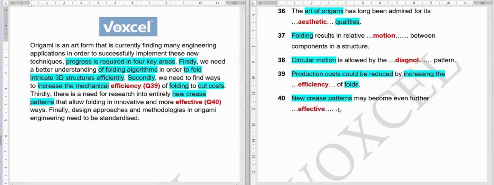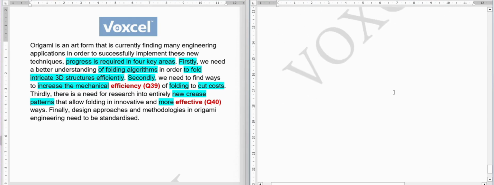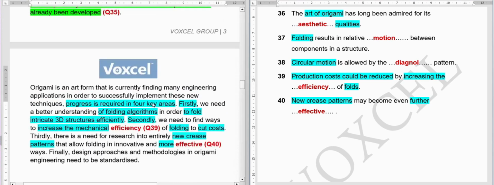New crease patterns may become even further, and for further they have written more, more effective, further effective, more effective. So this is the end of this particular reading test.